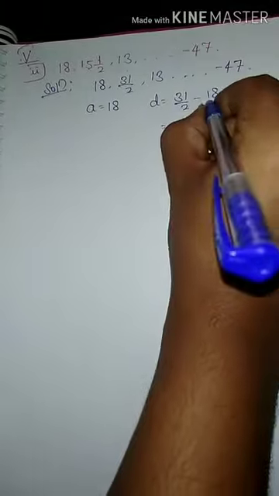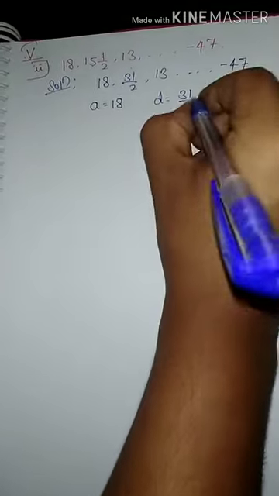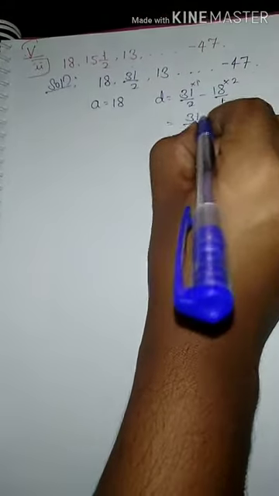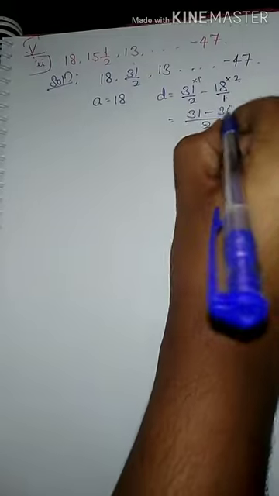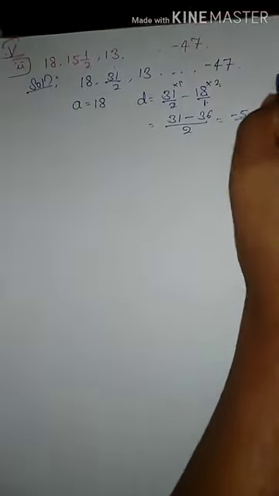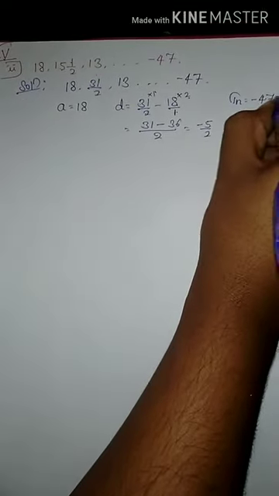is equal to, so here the denominator is 1, 2, the LCM is 2. 2 ones are 2, 1 2s are 2, 31 ones are 31, 18 2s are 36. 31 minus 36 is minus 5 by 2, and the last term is given, Tn is equal to minus 47.